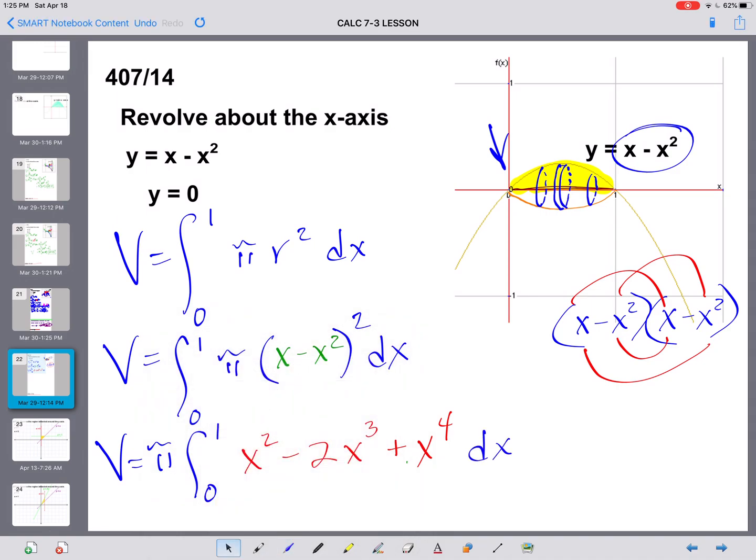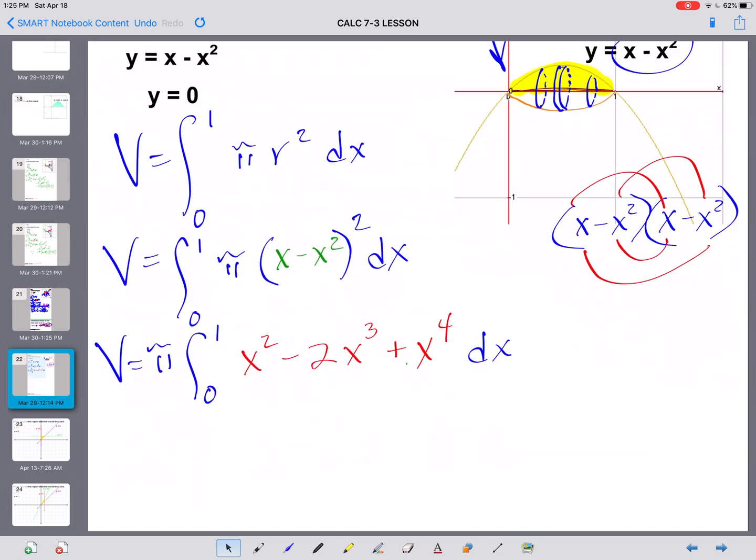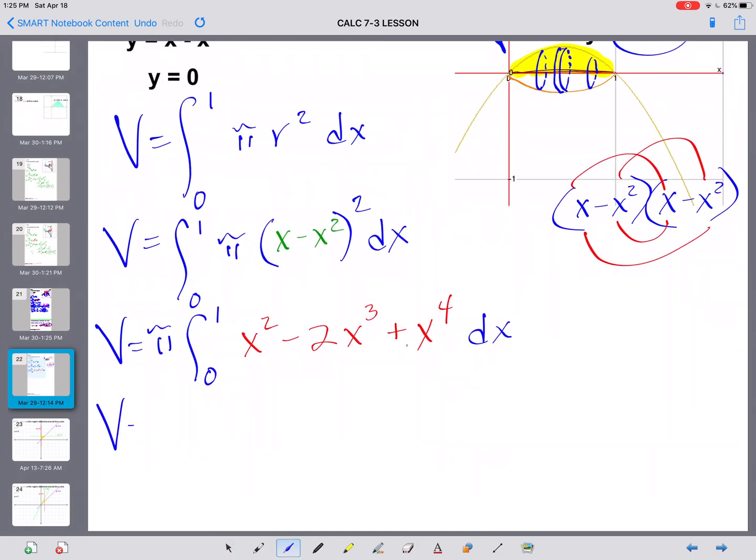Now let's do our antiderivatives. We got the pi out front, we'll multiply that at the very end. Antiderivative of x squared is 1/3 x cubed. Antiderivative of negative 2x to the 3rd: it's going to be x to the 4th, and 4 times what gives me negative 2?